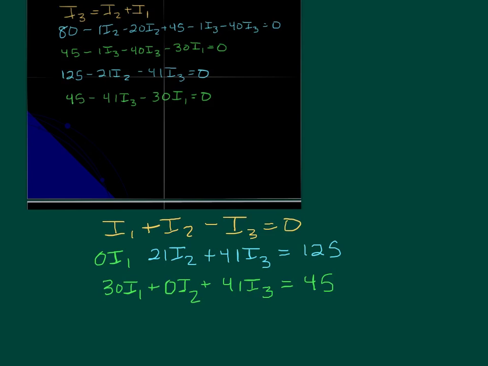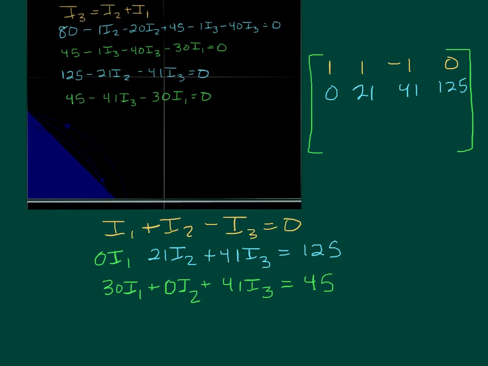So what we're going to do now is we're going to set up our matrix, and we're going to solve this with our calculator using a matrix. So the first equation becomes 1, 1, negative 1, 0. The second equation becomes 0 because there's no I1 term, 21, 41, 125.